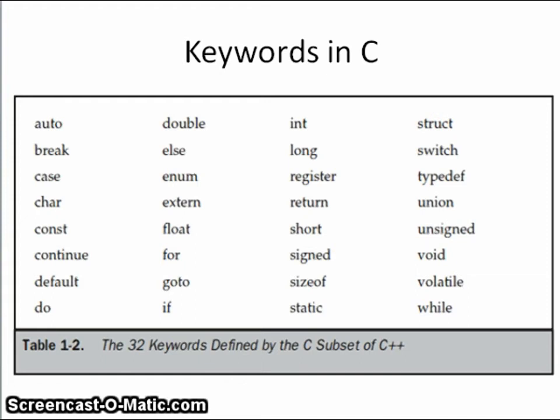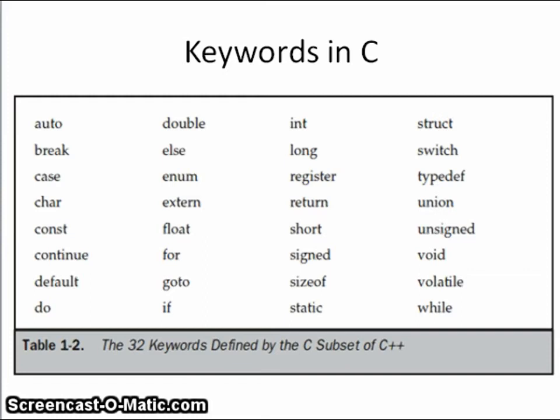So if you know these 32 keywords, you understand 50% of C language. And if you have practiced writing programs using these 32 keywords, then we can say you understand C language programming. C language programming is not magic, and it is not something that is not possible to understand.